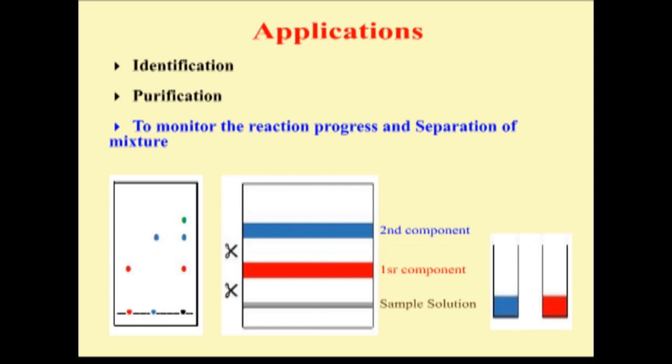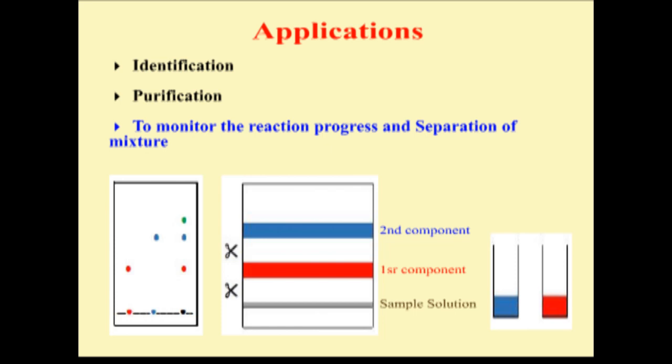After that, suppose we have a mixture of this red and blue component and we want to separate them. Then what we will do is use a large TLC plate on which, on the baseline, we will make a band of the sample solution and then allow it to develop. After development, you can see that two components which we earlier checked have different RF values are getting separated.